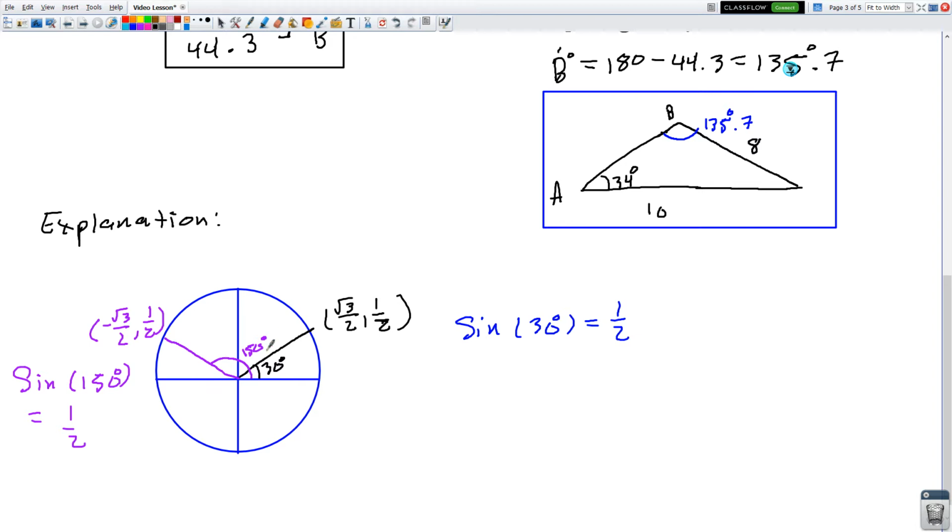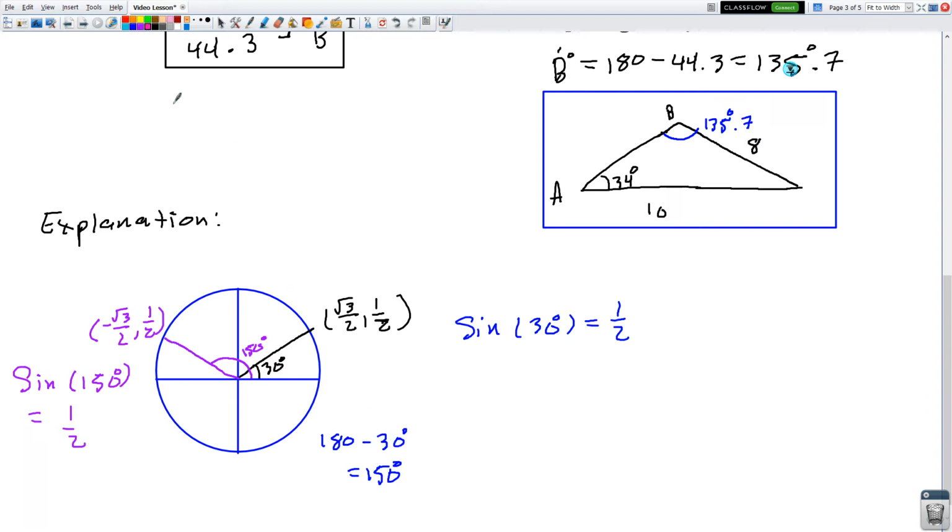Now, another way to still get 150 is to do 180 minus the first angle that gave me 1/2, which is 30.